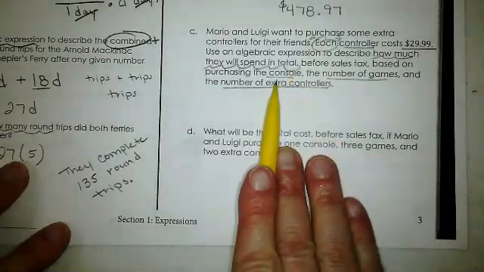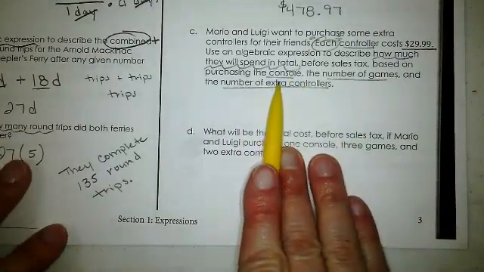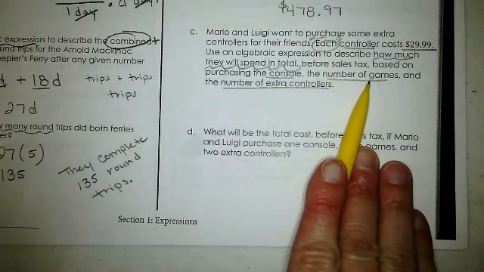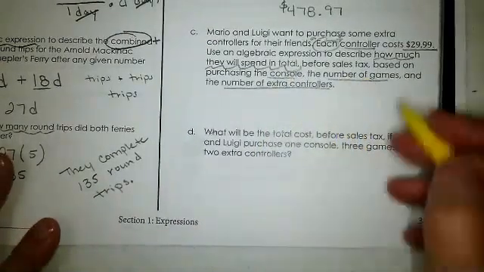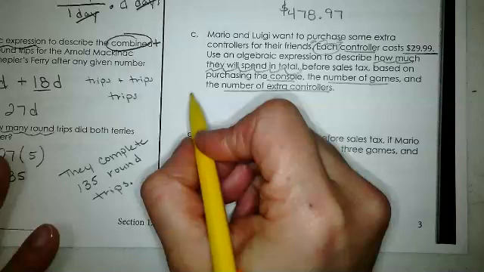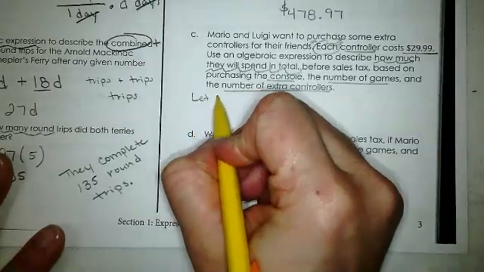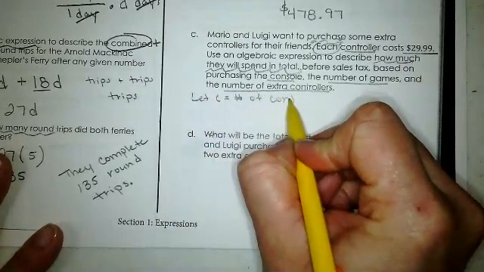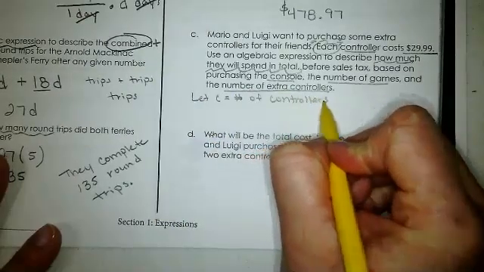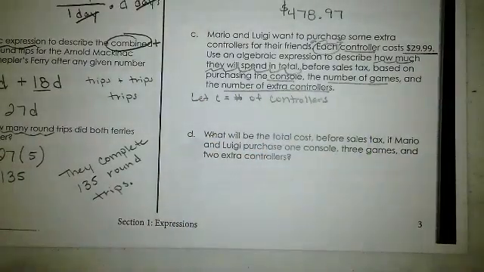Okay, so they're only buying one console. We're not sure if they're going to get 3 games or not still in this scenario, so we'll keep using G for that. And we don't know how many controllers they're going to get, so let C equal number of controllers.